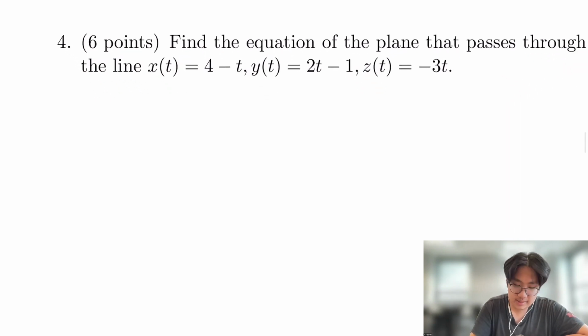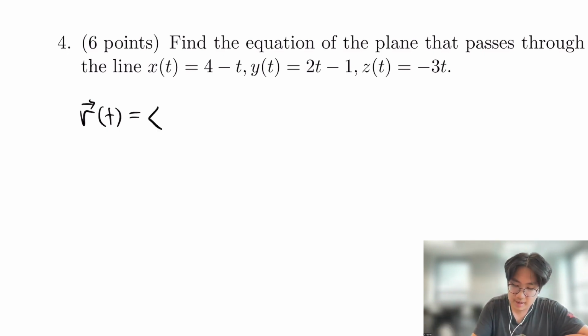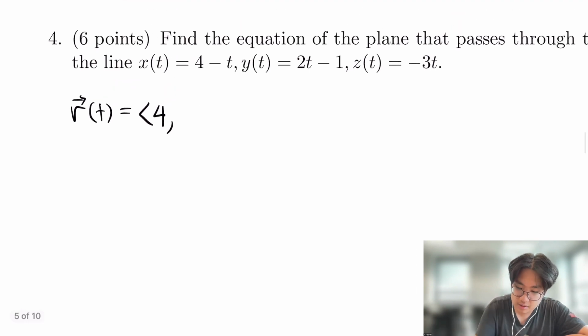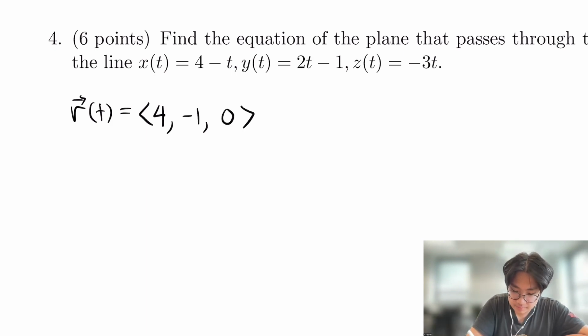So in this case, we will extract. We have r(t), and again, we can write this simply as the point plus t times the direction vector. In terms of the point, for x we just have 4, for y we have -1, and for z we have 0.